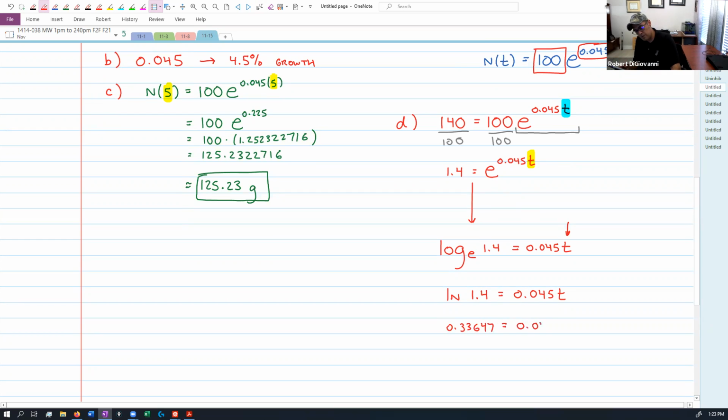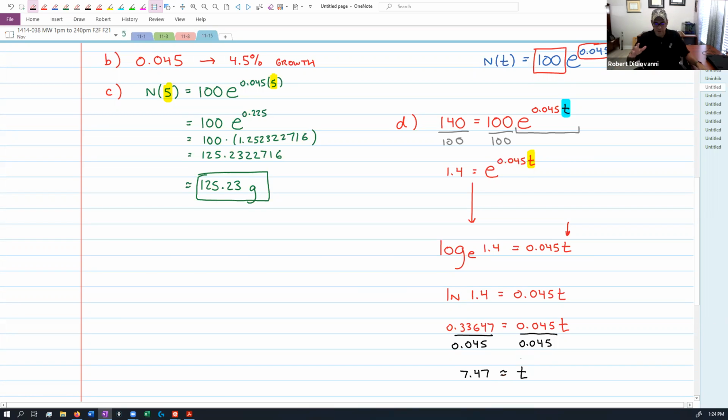That equals 0.045 t. And then the last step would be to divide both sides by 0.045. So divide that, and I get about 7.47 is roughly what t is. Double check that.